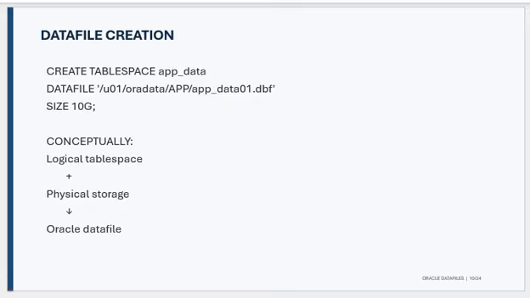The exact syntax and storage architecture can vary depending on whether the database uses a file system, Automatic Storage Management, Oracle Managed Files, or another storage configuration. But conceptually, the operation is always the same: create a logical tablespace and provide physical storage through a data file.